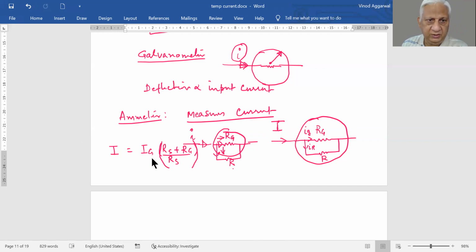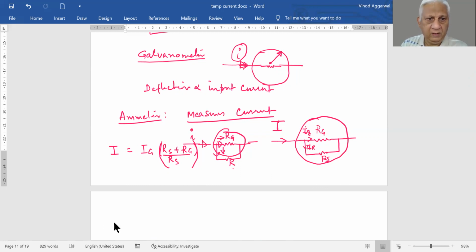IG is the current that goes through the galvanometer coil, Rs is the shunt resistance, and Rg is the galvanometer coil resistance.